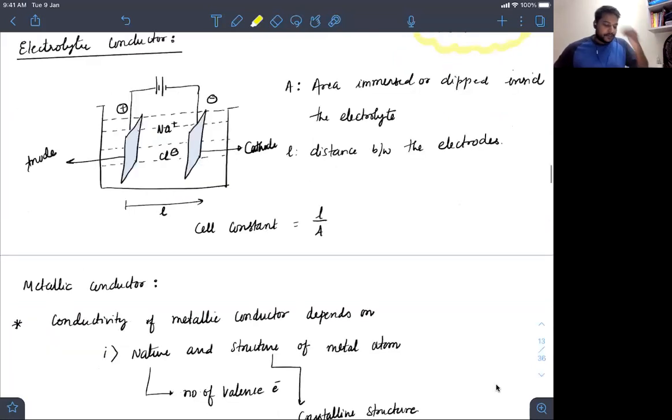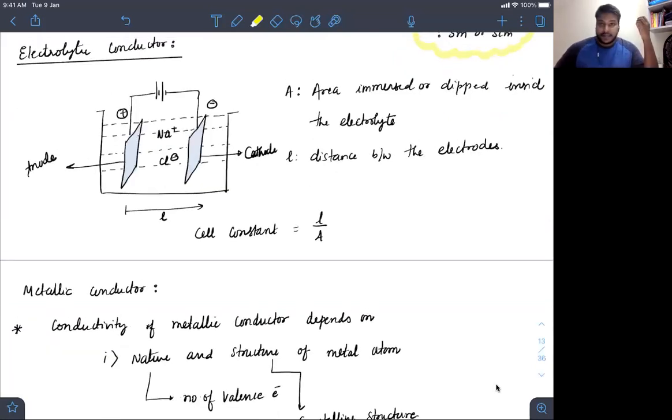Now see in this electrolytic conductor and electrolytic conduction cells, here what we are doing, we are trying to make electricity pass between two electrodes. Suppose if I have an electrode here and here, one is positive and negative electrode, then between these two the circuit is getting completed only by the movement of ions.